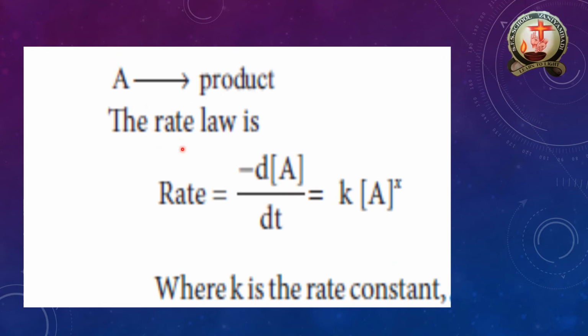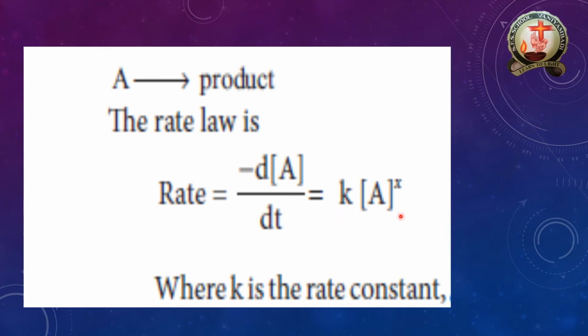I am applying the rate law: rate is directly proportional to A. I can add a rate constant in place of the proportionality sign, removing the proportionality constant alpha and adding k.